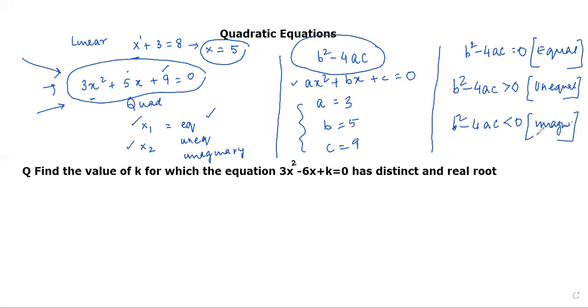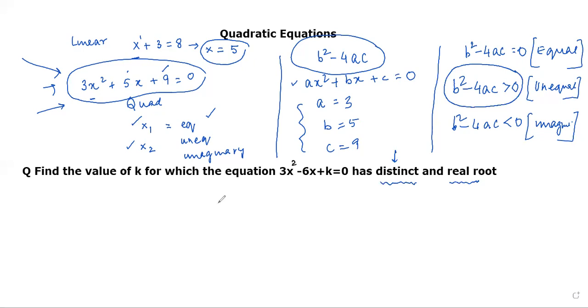And let me give you one example by solving this equation. This question says, find the value of k for which the equation 3x squared minus 6x plus k is equal to 0 has distinct and real roots. Okay, what is the meaning of distinct? Distinct means different, unequal, which means that b square minus 4ac should be greater than 0.